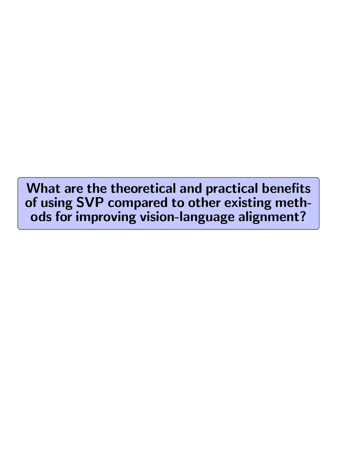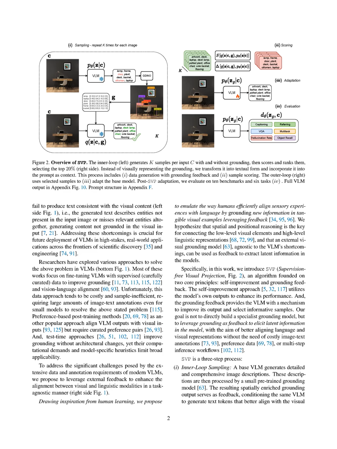What are the theoretical and practical benefits of using SVP compared to other existing methods for improving vision-language alignment? Theoretical benefits of using supervision-free visual projection, SVP, include its foundation on self-improvement and grounding feedback principles, which allow for enhanced alignment between visual and linguistic modalities without the need for extensive manual annotations or curated preference pairs.